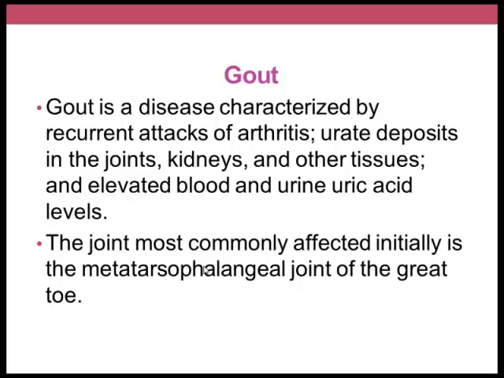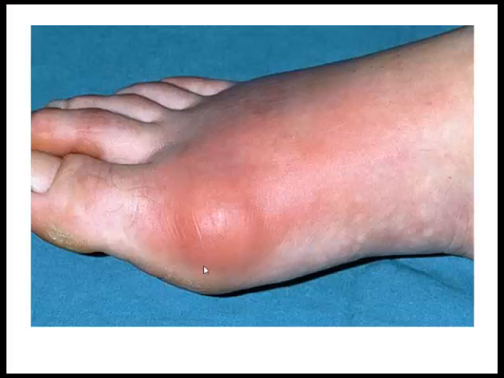Gout is a disease characterized by recurrent attacks of arthritis, urate deposits in the joints, kidneys, and other tissues, and elevated blood uric acid levels. The joint most commonly affected initially is the metatarsophalangeal joint of the great toe. This is affection of this joint by urate crystals, the first and the most commonly affected joint.